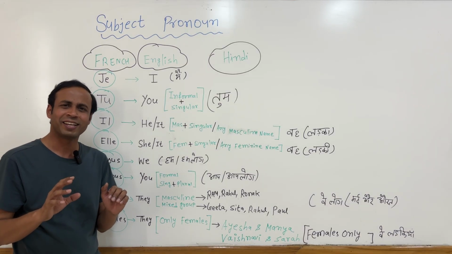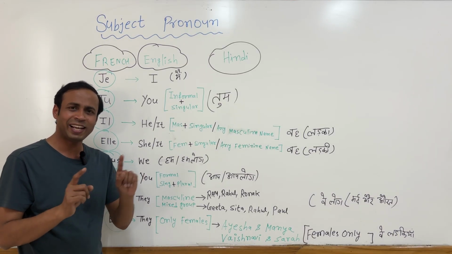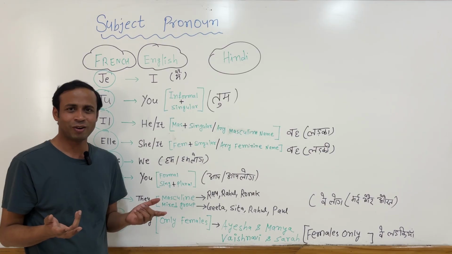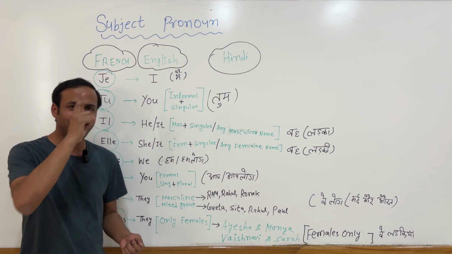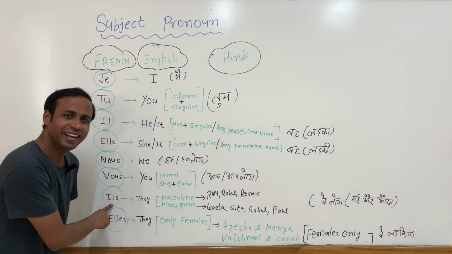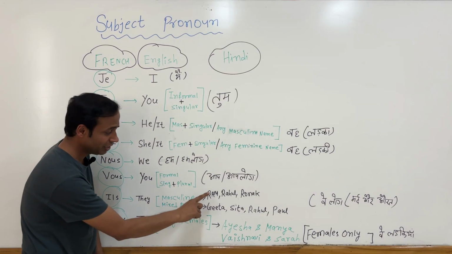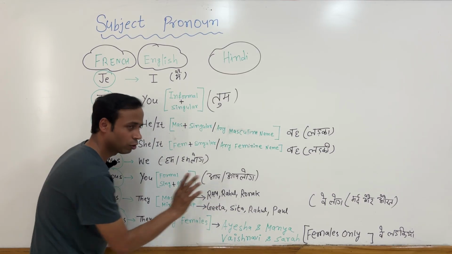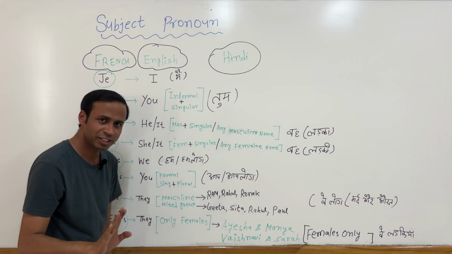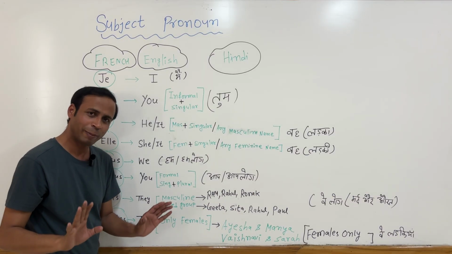Now you must be thinking, sir, if in a group male and female both are there, then what do you have to use? Again you have to use the same thing, ils. So ils can be used for a masculine group as I have written in the example, Ram, Rahul, Ronak. These are boys' names, so there you have to use ils.